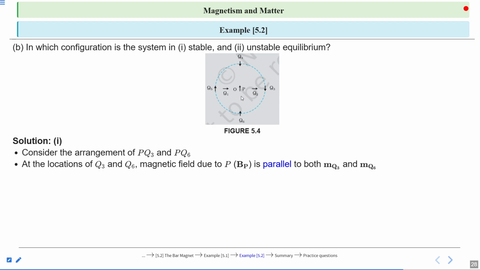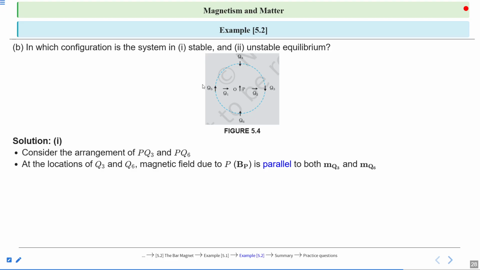You can also draw the magnetic field lines for simplicity, or you can build a strong foundation of the equatorial field and axial field. We know that the axial field of any magnetic needle has the same direction as the magnetic moment. So on this axial line, the magnetic field will be in the same direction as the magnetic moment of P. But on the equatorial line, at locations Q3 and Q5, the magnetic field will be opposite to the magnetic dipole moment of P, in the downward direction.